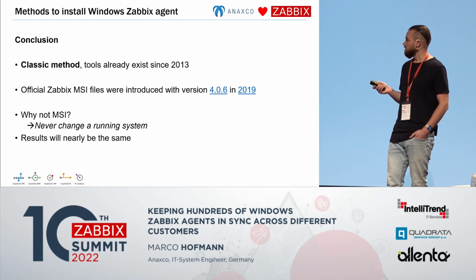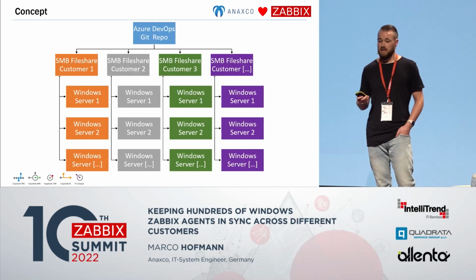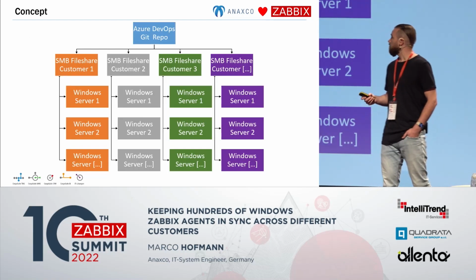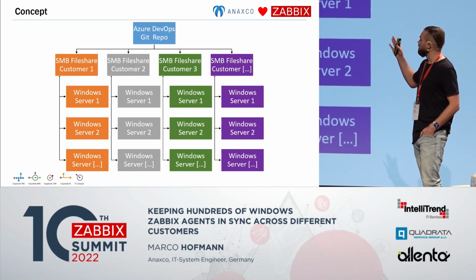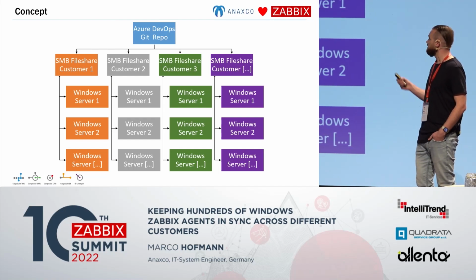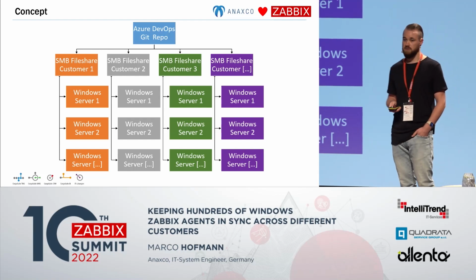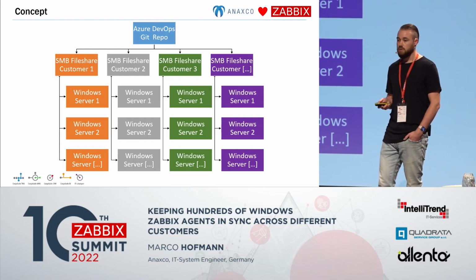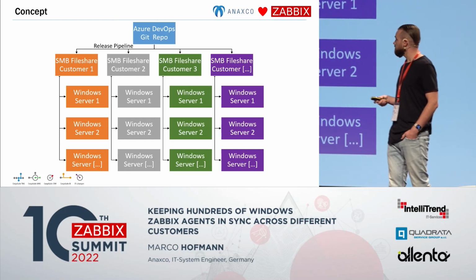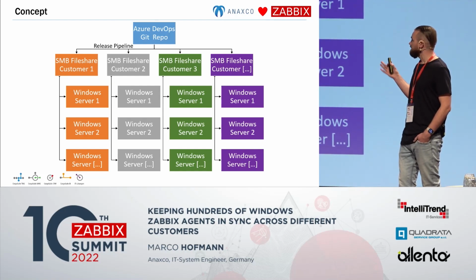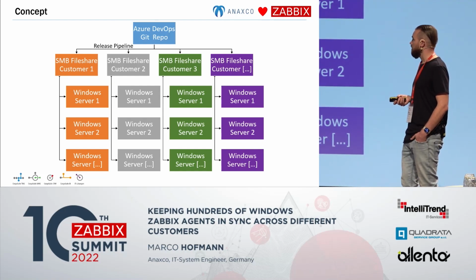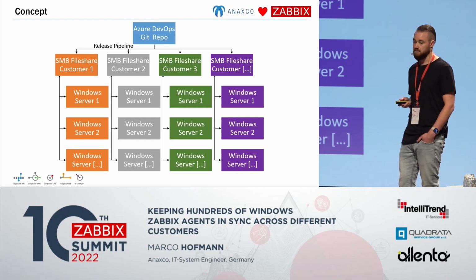So now that we know what we are going to do, let's take a look at a high-level overview. From now on, everything we do will start from the Git repository. In this case, our Azure DevOps Git repository. From there on, we are going to use a tool which is called release pipeline, which will maintain and fill one SMB file share for each of our customers.